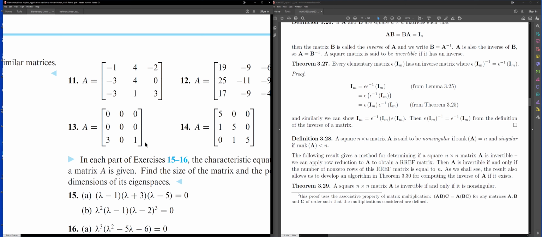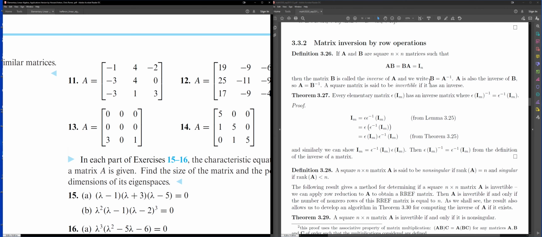That matrix has one non-zero row, so its rank is 1, which is strictly less than the size of the matrix, which is 3. So this is a singular matrix.